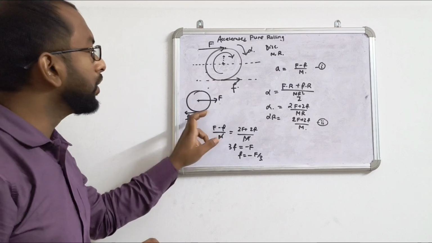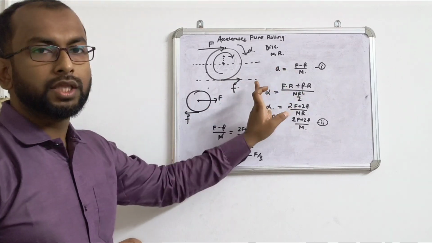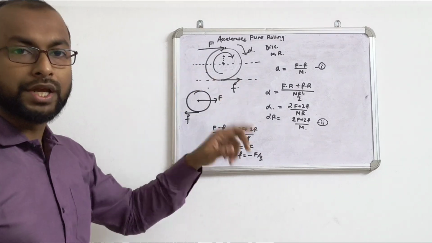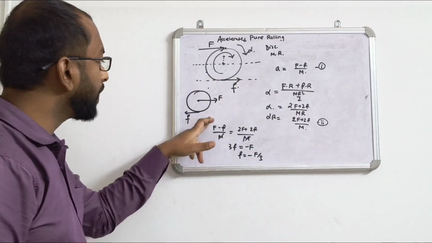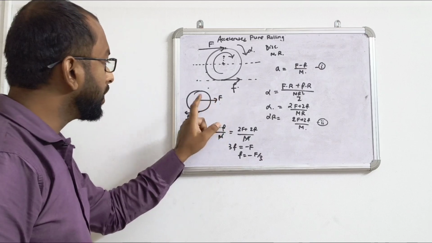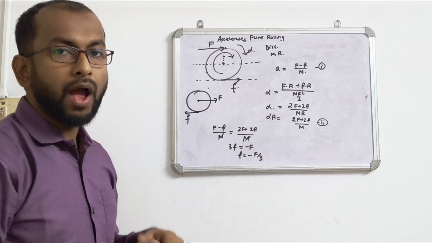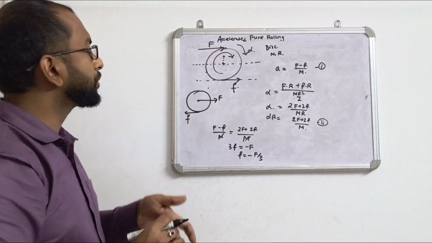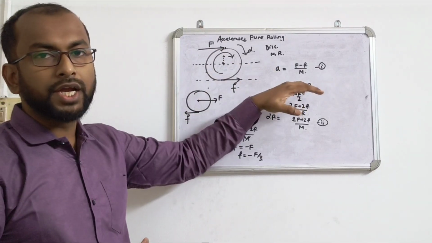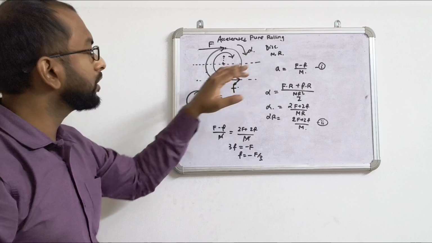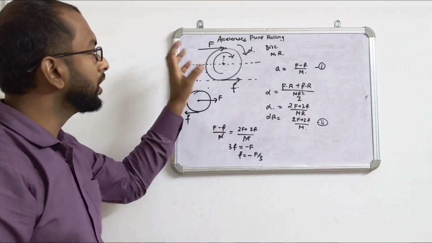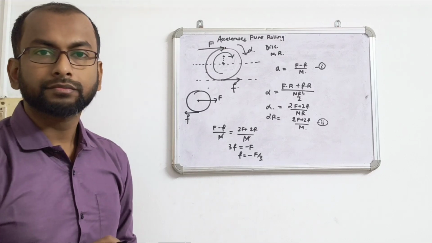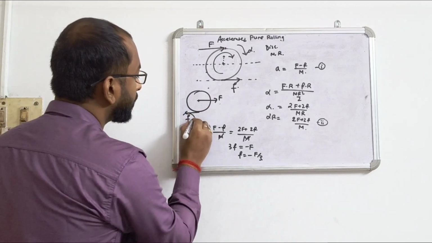Friction force was trying to decelerate the body, decreasing the linear acceleration, but increasing the angular acceleration. But in this case, friction is trying to increase the linear acceleration and it is creating one anticlockwise torque so that this body decreases its angular acceleration.